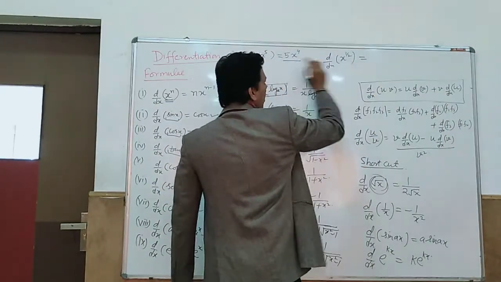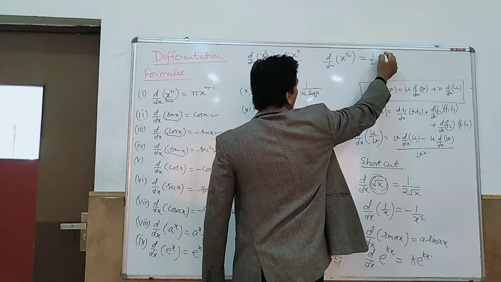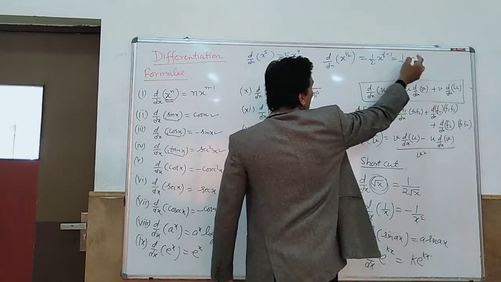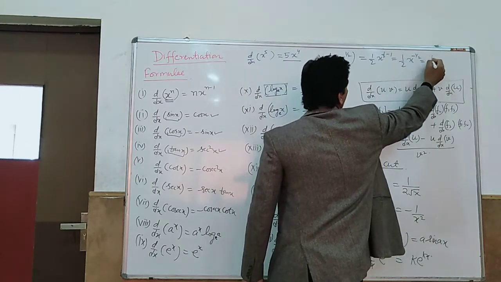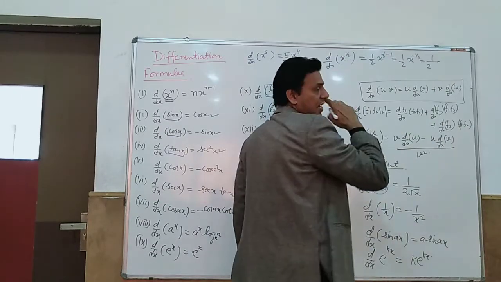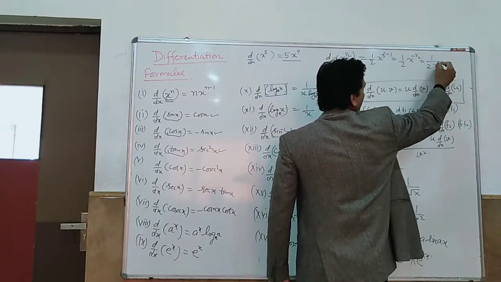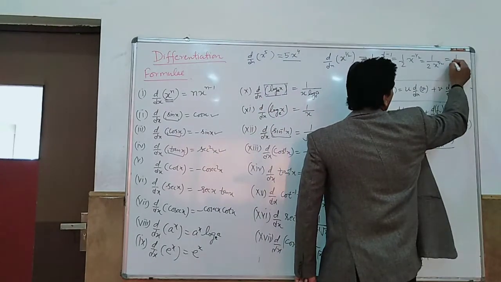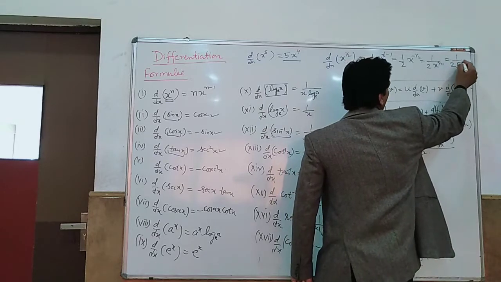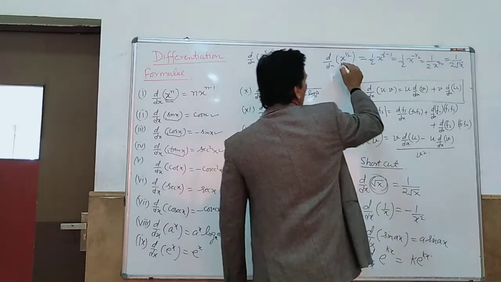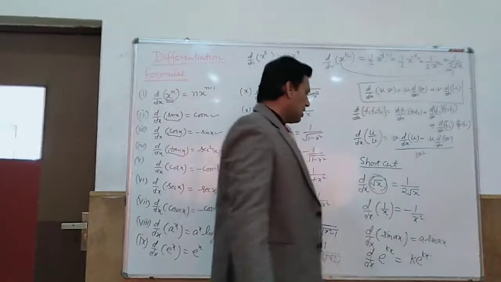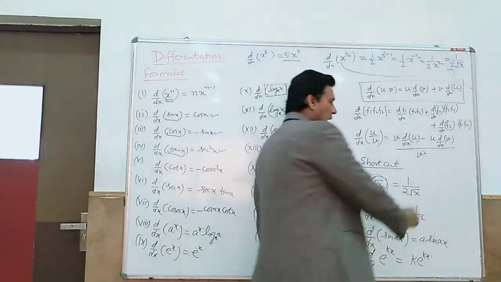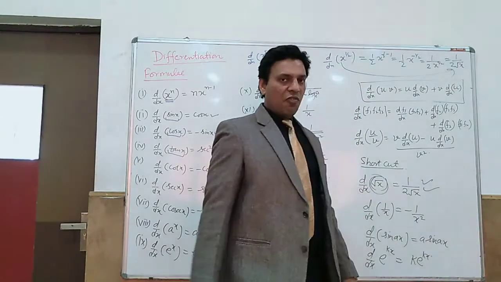Using the formula n x to the power n minus 1, we can write half minus 1 is minus half, and we know that if the power is negative, we can make it positive by putting it into the denominator. So directly we will remember that the differentiation of under root x is 1 upon 2 under root x. It is a very useful formula.